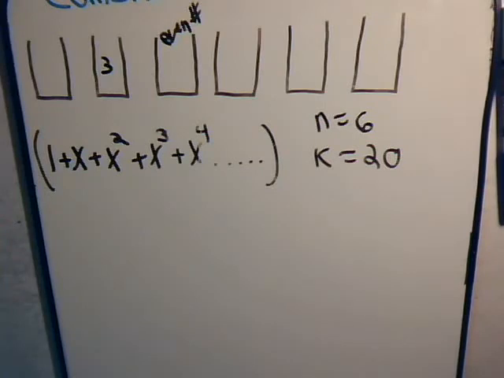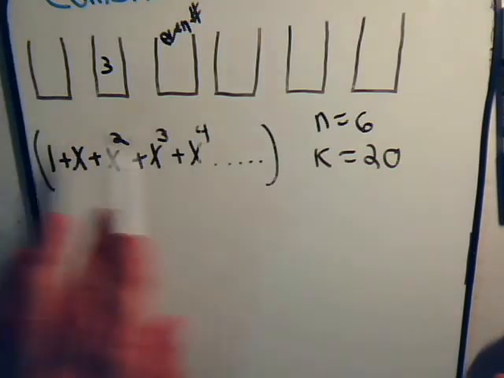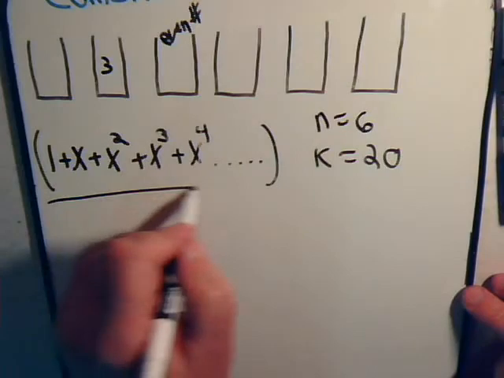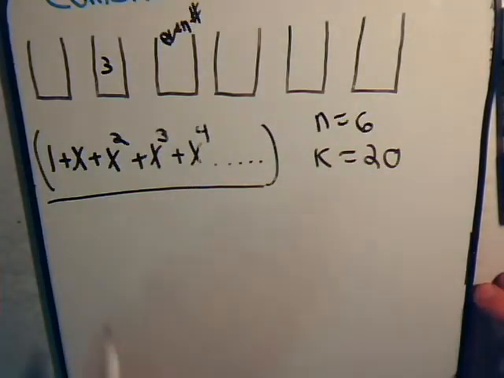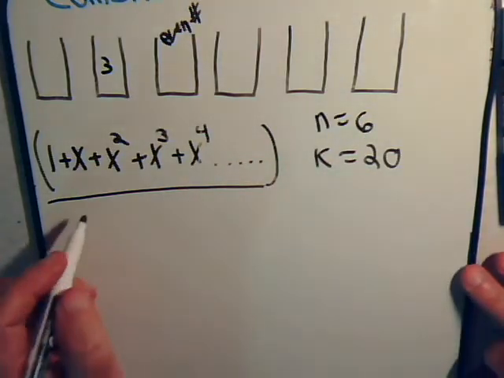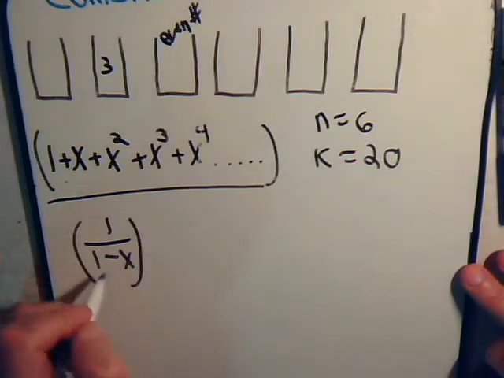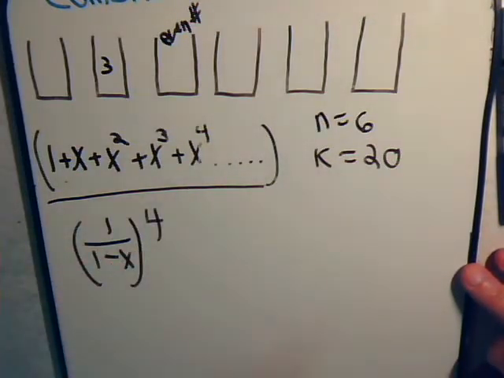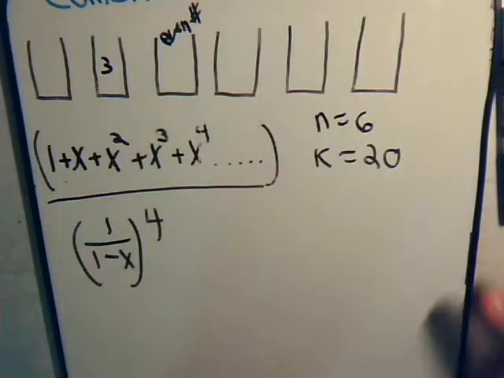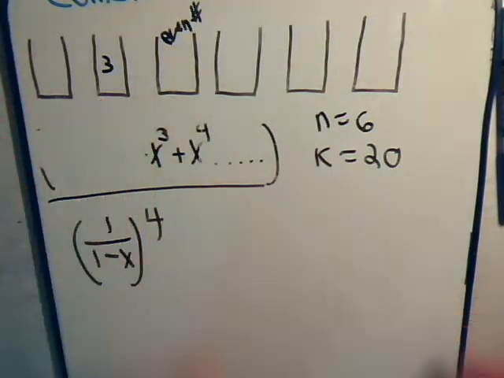Now, how would we set that problem up? Well, for the crates where there's no restrictions, they would all have the same generating function. So we'd have 1, 2, 3, 4, so we would have this to the 4th. But now we have to consider the generating function for this one and for this one. Well, for here then, this has to start with x cubed.